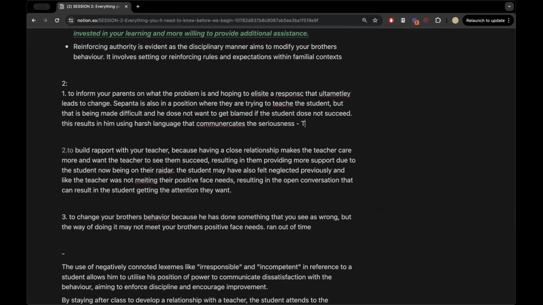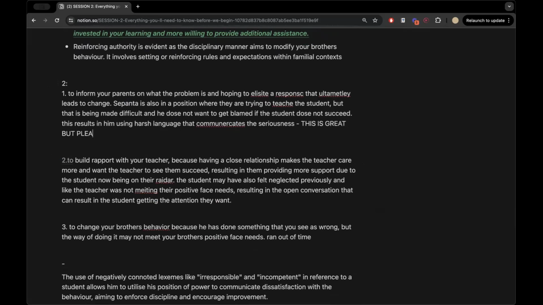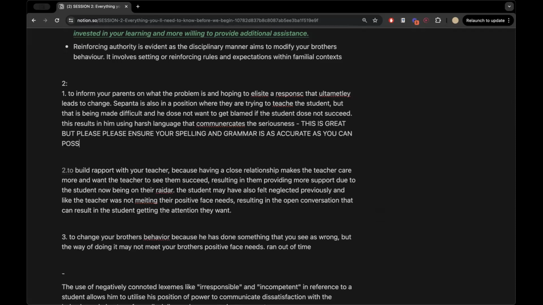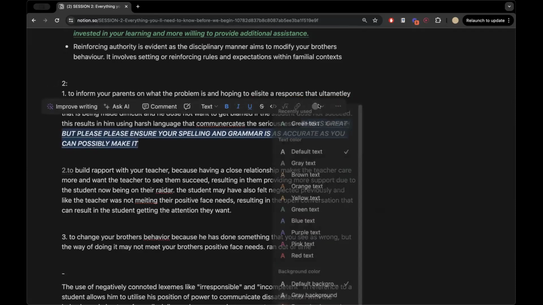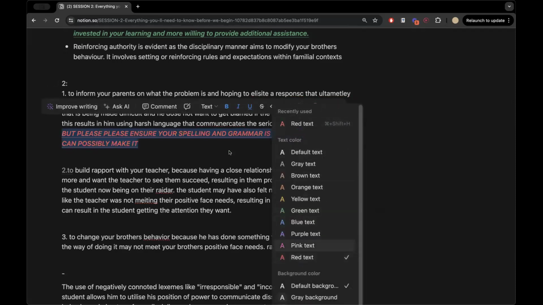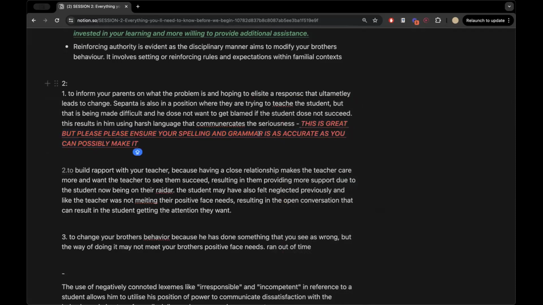Okay, this is great, but please ensure your spelling and grammar is as accurate as you can possibly make it, right? So little things like here, this is a little too informal. You've got to be very careful of informality. Make sure that your writing is never outright informal.